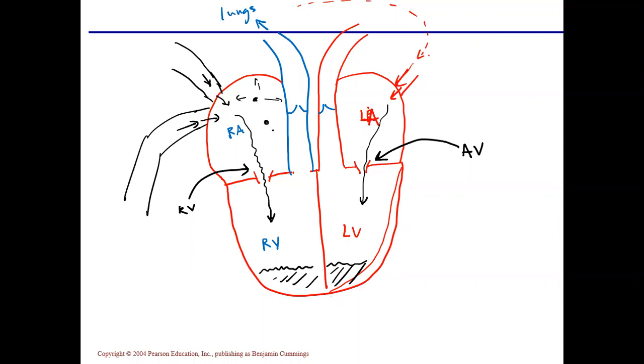That's the AV node, the AV bundle, the bundle of His, and all that. Go back and review the earlier lecture, but from the autorhythmic cells, the signal goes to the contractile cells.